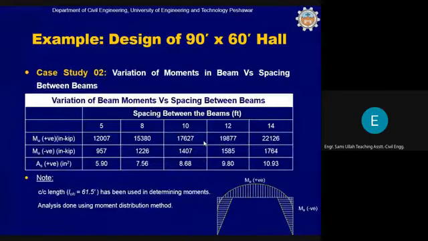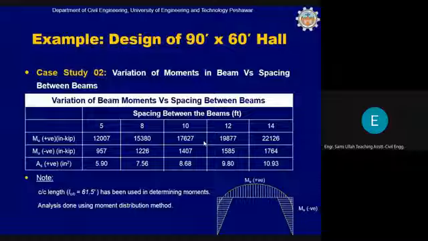So if instead of 10 feet center to center, we reduce the spacing from 10 to 5 feet, then the positive bending moment is this much, the negative bending moment is this, and the area of steel is much smaller than the area of steel that we used for 10 feet spacing.